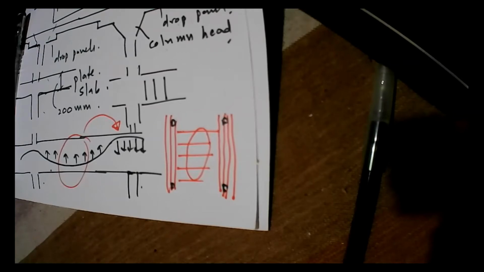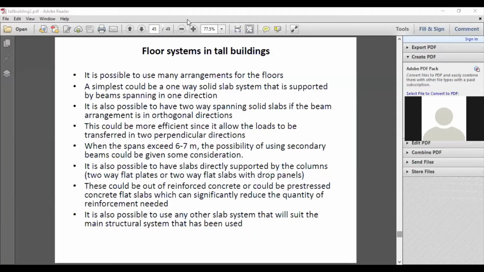So I'll share the screen again. So they could be these pre-stressed concrete. These flat slabs can be out of reinforced concrete or could be pre-stressed. And when you pre-stress it, you can actually reduce the quantity of reinforcement significantly.